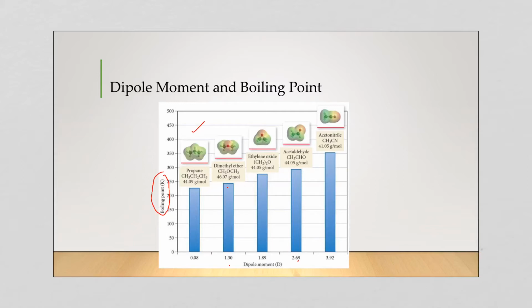And finally, you go to acetonitrile, which boils at about 350 Kelvin. So this is going to be a boiling point of 70, 80 degrees Celsius, somewhere in there. And you can see this is by far the most polar of all of these. So we can see how the size of these dipoles, even among polar molecules, is going to have an effect on the boiling point, or the strength of the intermolecular forces.